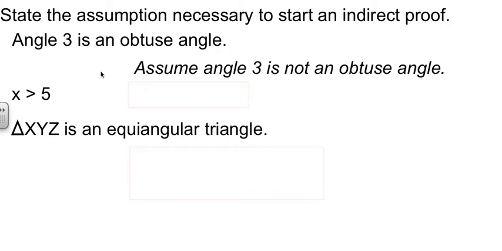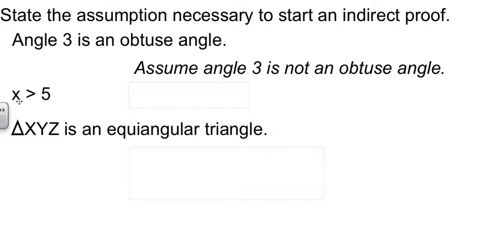Notice here I did not say assume angle 3 is an acute angle, because while yes, an acute angle is not obtuse, I've left out right angles. So I need to cover all my bases. If I just say it's not obtuse, that covers whatever else it might be. Same idea here.